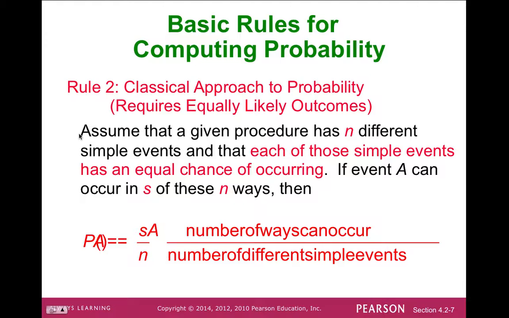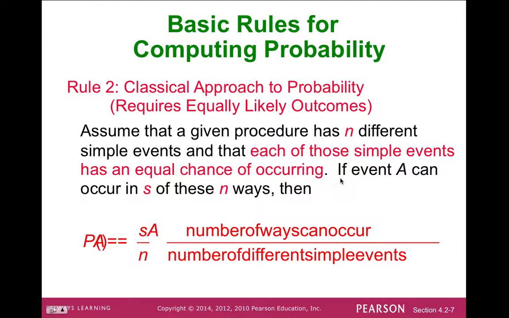So imagine that as we're talking through this, a roll of a die. For this roll, we're going to assume that a given procedure has n different simple events, and that each of those simple events has an equal chance of occurring, just like with the die. We would have 6 different possible simple events, because there's 6 sides to the die, and each of those different sides has an equal chance of occurring.